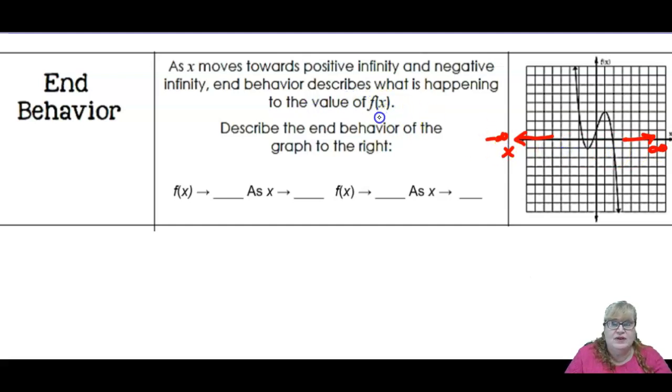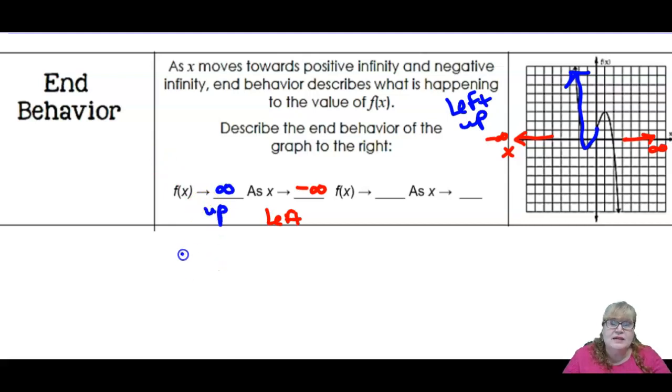What is happening to the value of y? Well, if I put my pencil on this graph where it crosses the y-axis, as I go towards the left, this graph goes up. So I need to say that on the left, the end of the graph is going up. To say that, I say x is approaching negative infinity. That means left. The y values are going up.